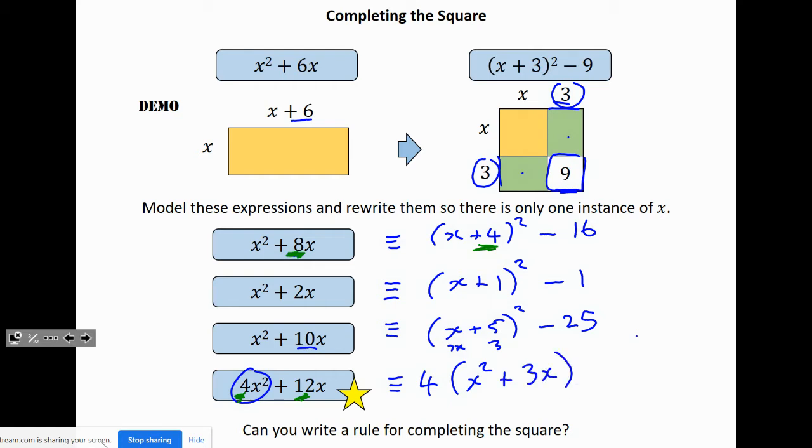And then we could complete the square with this x squared plus 3x, which is identical to 4 lots of, if we complete the square inside those brackets, x plus 1.5 squared, take away 1.5 squared, because that 1.5 times 1.5 would be our part here. So 1.5 is 3 over 2, so 3 over 2 squared is 9 over 4. And then we just have to multiply everything out by that 4. So 4 lots of this bracket.